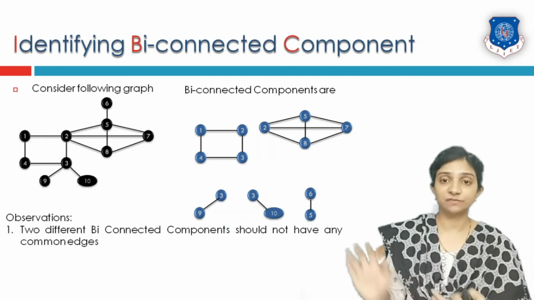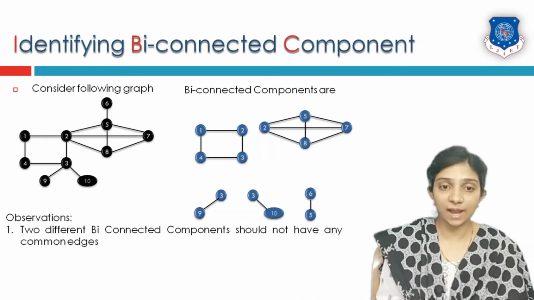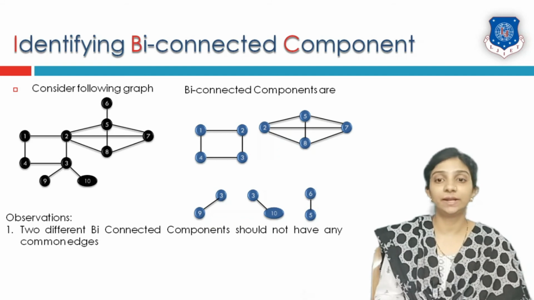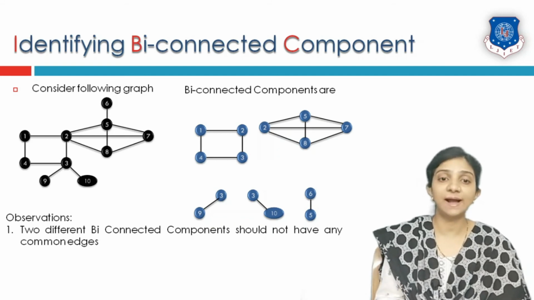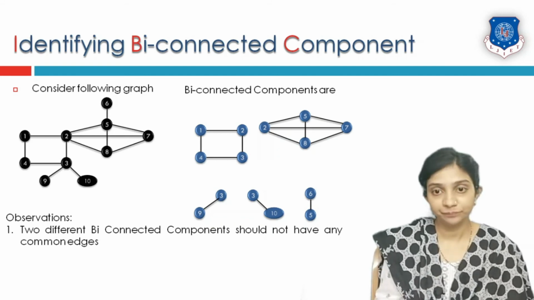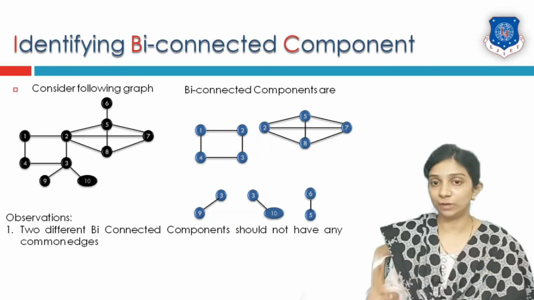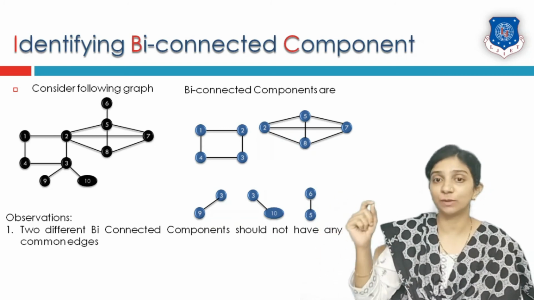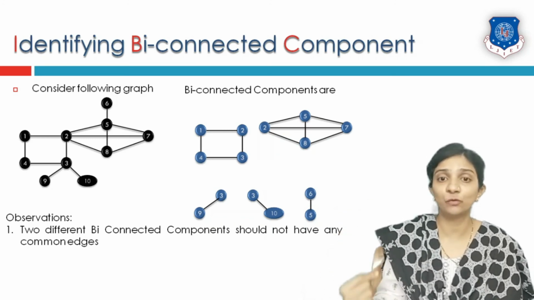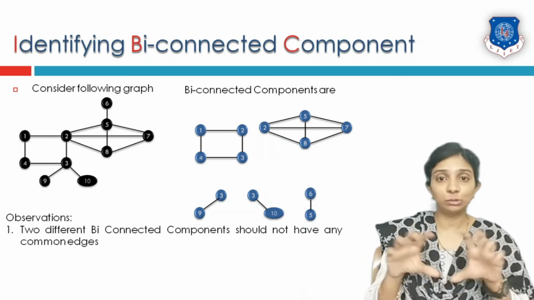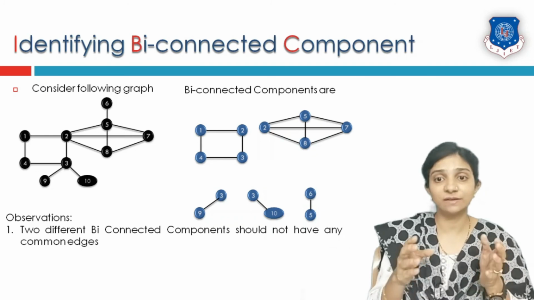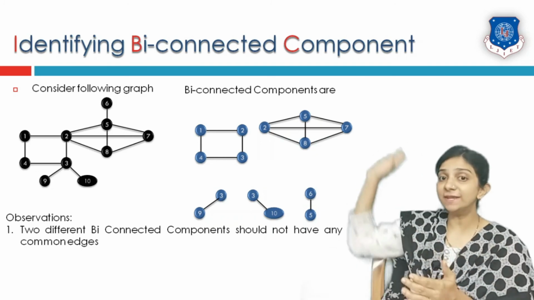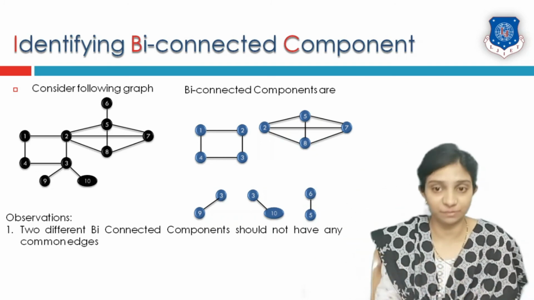The conclusion from biconnected components is that two different biconnected components should not have any common edge. If you observe carefully, in the first biconnected component, the edges are 1 to 2, 2 to 3, 3 to 4 and 1 to 4. Now out of all these 4 edges, there is no edge which is repeated in any of the remaining subgraphs.